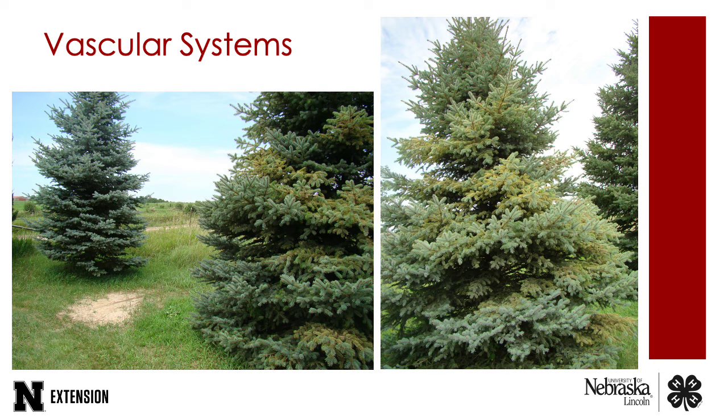So this image is showing an interesting phenomenon that we see in plants related to their vascular systems. You would think that those xylem cells that are stacked on top of each other like straws, moving the water that's coming in from the roots, would go straight up a tree. But we find that oftentimes that's not true. What you're seeing in this picture is a spruce tree that's been damaged by a herbicide application that was made to weeds nearby.